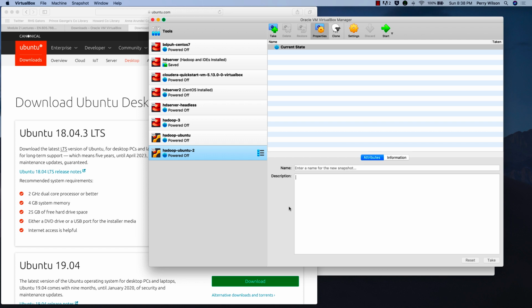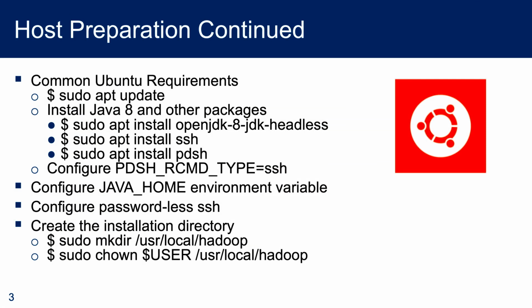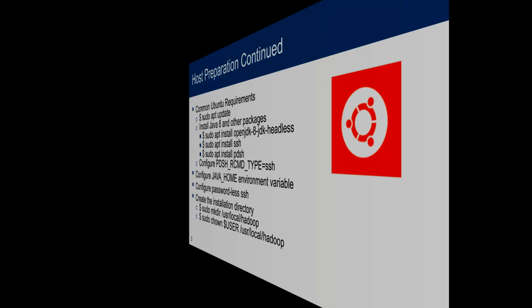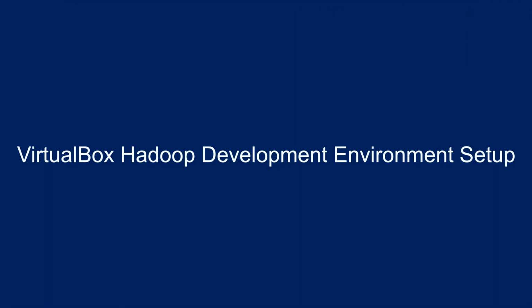I recommend you shut down your virtual machine when you're not using it to reduce the chance of it getting corrupted. So we've gone through all the steps for the Ubuntu host preparation, and we're ready for the installing Hadoop lecture.